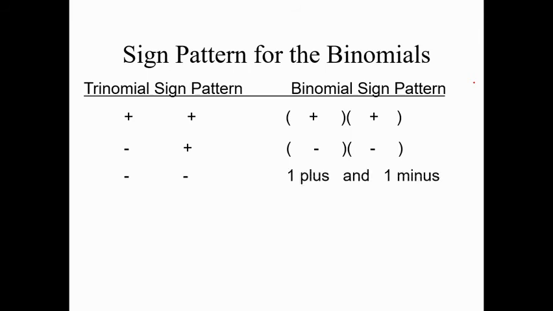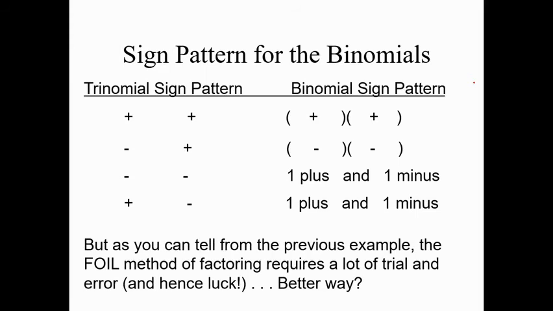If you have two minuses, then you have one that's going to be a plus and one that's going to be a minus. And if you have a plus and a minus, again, you'll have one plus and one minus, and the next slide will show you why.